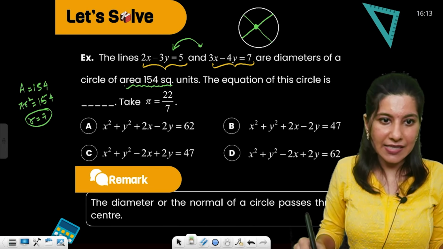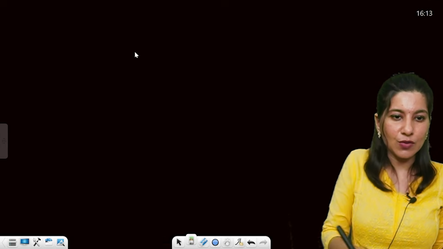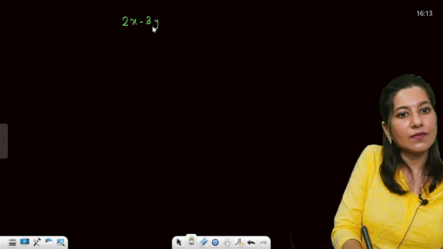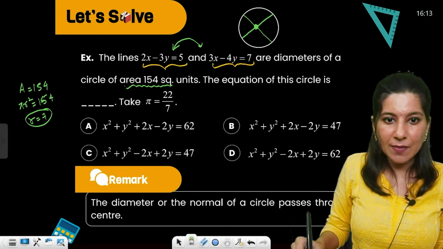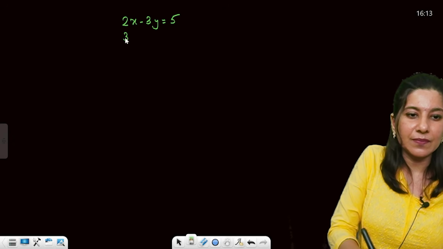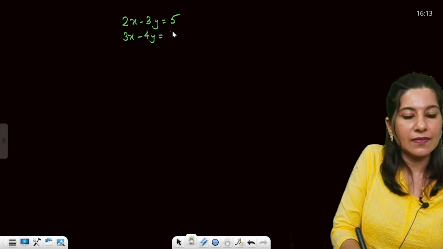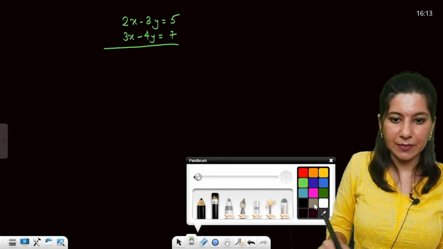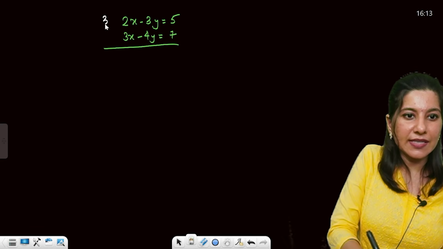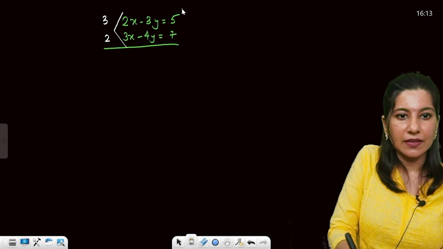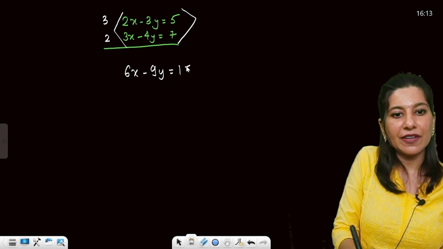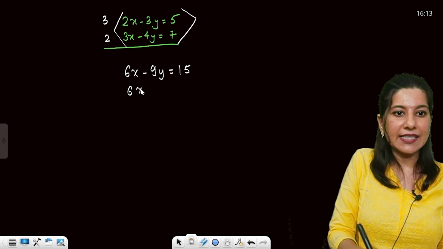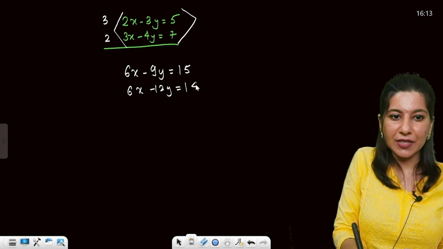Okay, we just need to solve these two lines: 2x − 3y = 5 and 3x − 4y = 7. Okay, let's solve it out. Let's multiply: 6x − 9y = 15, and 6x − 12y = 14.